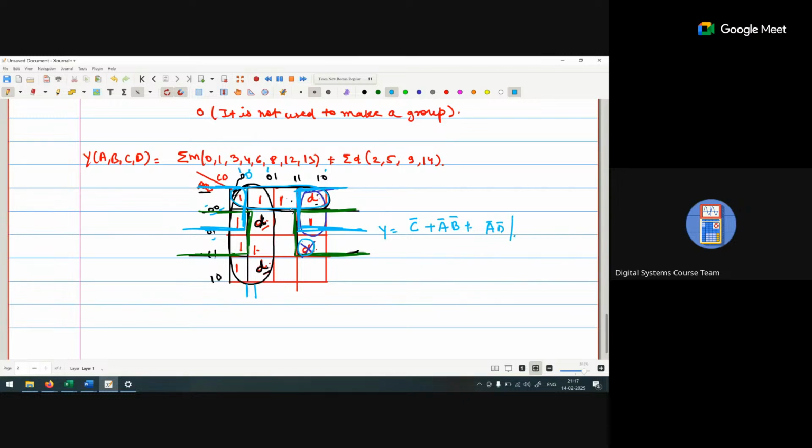Or if we consider the second and third rows for grouping, the term is B, because B is 1 and 1, and D bar. So either this term or this term is available.